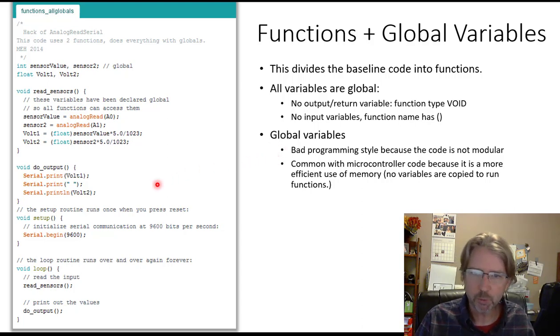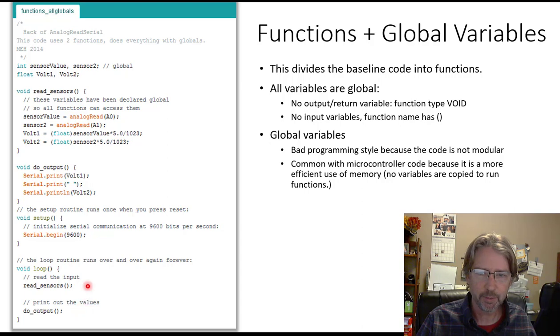If we look into how this works, again, we're starting down here at loop. This is the main program, the top of our code after setup. Setup runs first, and all it does is set up the serial port, but then it comes down. And this is the advantage of using functions. We can just see exactly what's going to go on. We're going to read the sensors with a function called read sensors, and we're going to do the output with a function called do output. It's going to print out the values. We've got comments and function calls.